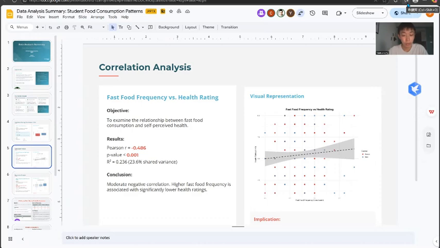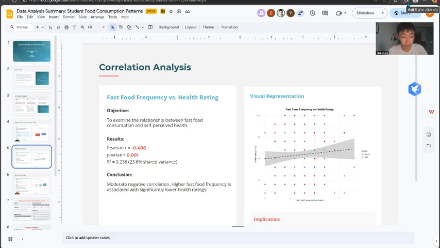Next, we explored the relationship between fast food consumption frequency and self-perceived health ratings. We hypothesized a negative correlation. Our Pearson correlation analysis yielded r equal to negative 0.486 with a p-value less than 0.001.